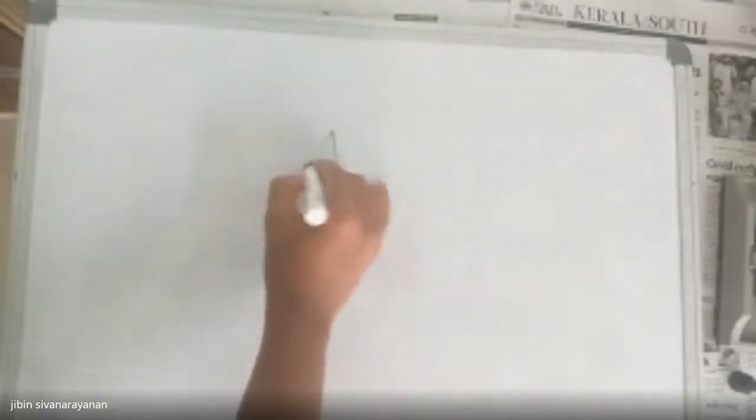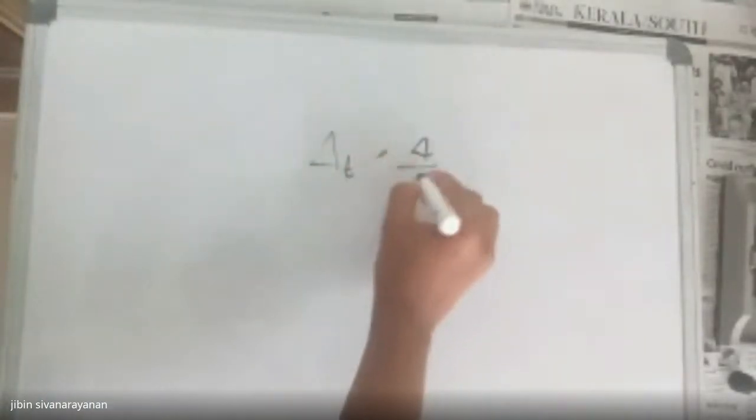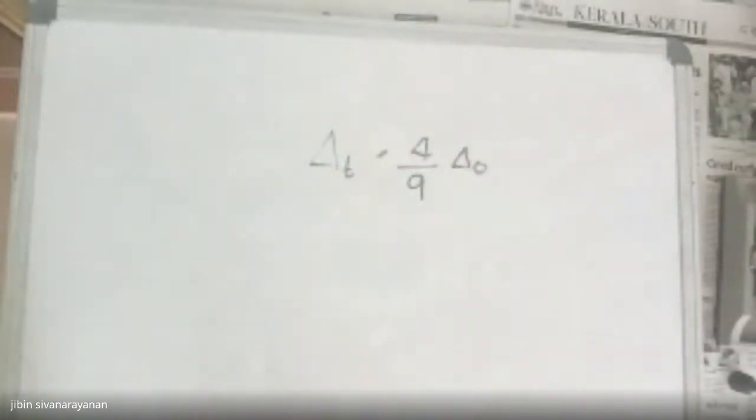We have studied the splitting in tetrahedral as well as splitting in octahedral, right? So the tetrahedral splitting delta T is equal to 4/9 delta O. That is, octahedral splitting is somewhat larger than tetrahedral splitting.